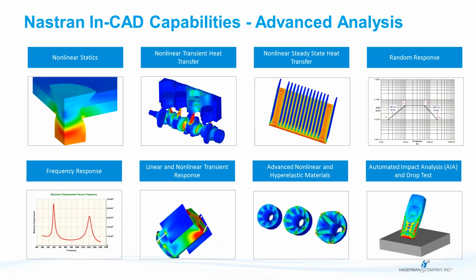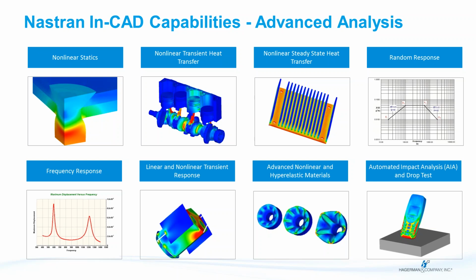We can go even deeper in the advanced analysis within Nastran In-CAD, looking at nonlinear static, which computes solutions such as large displacement, rotation, large strain, plasticity, hyperelasticity, and creep. Nonlinear steady state heat transfer solves heat transfer problems with nonlinear thermal boundary conditions such as temperature-dependent thermal properties.